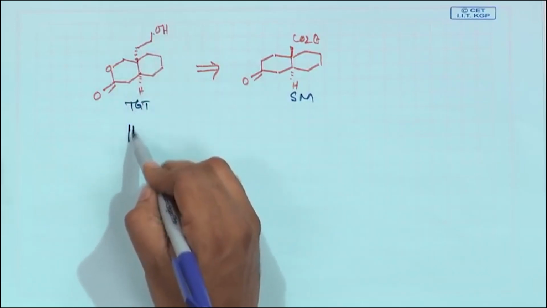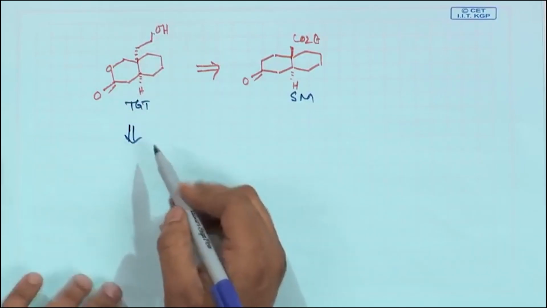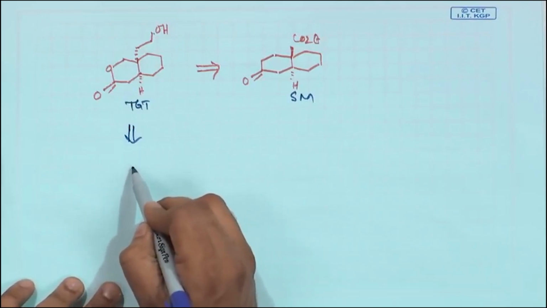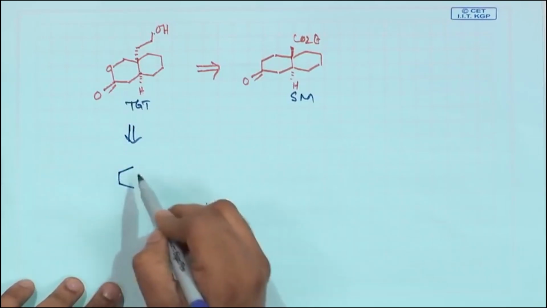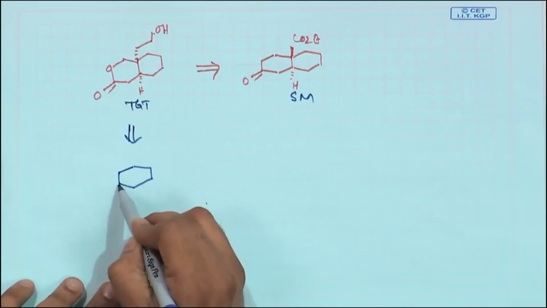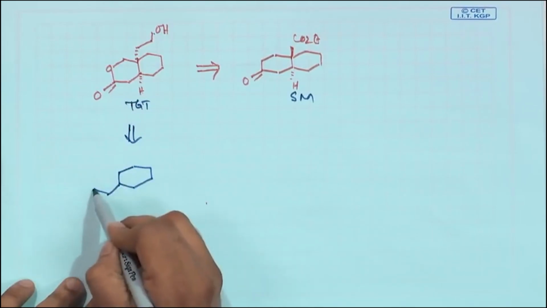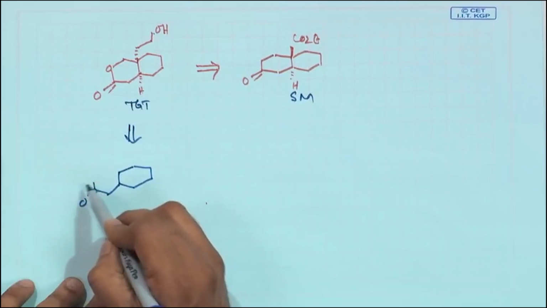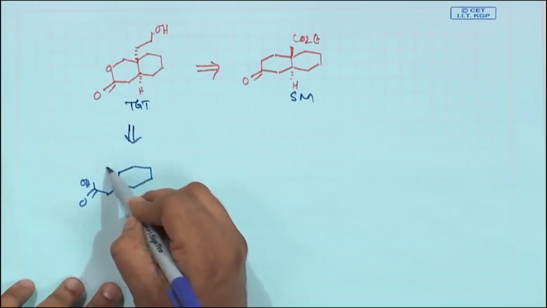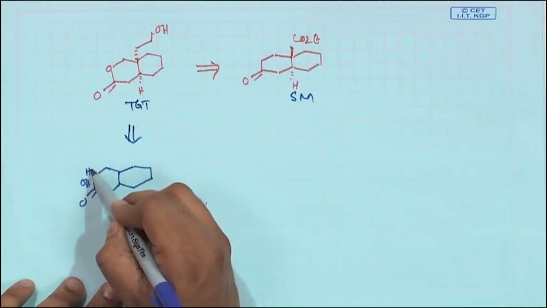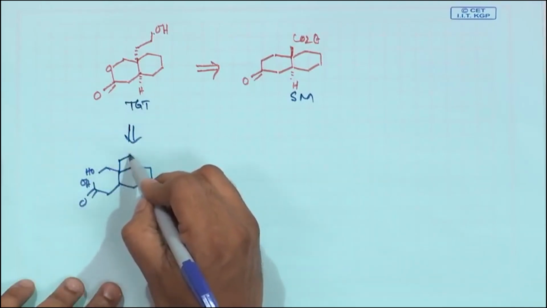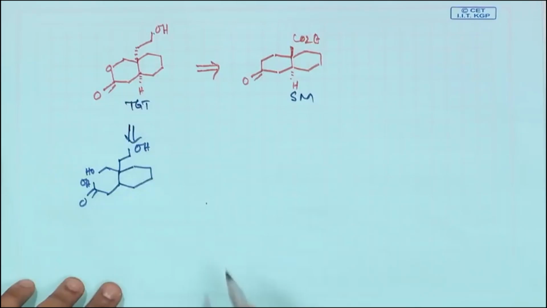So, now let us do the retro. We are now saying that if you have this kind of hydroxy acid, it can give you the lactonization, also this OH.